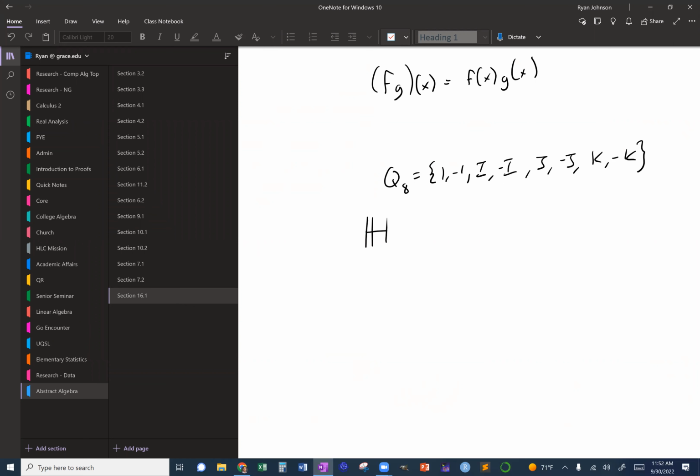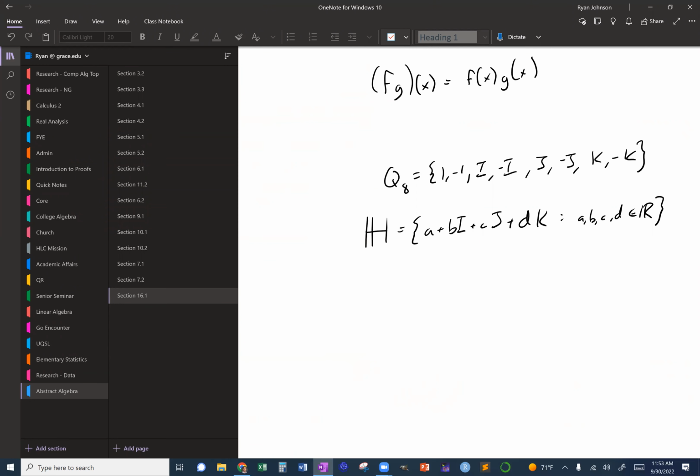So H is equal to all a real number plus a real number times I plus a real number times J plus a real number times K, for A, B, C, D real numbers. I'll use capital letters so that we're the same as above.